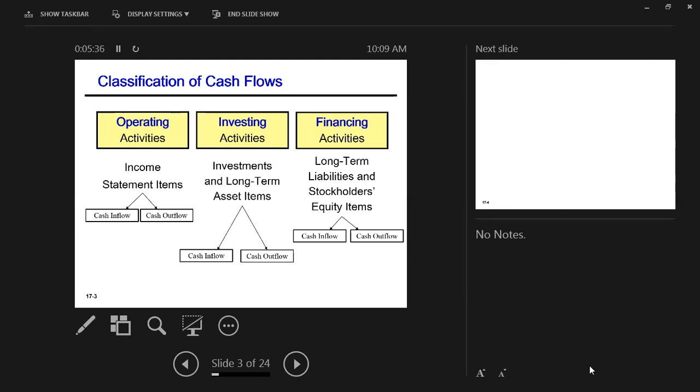So we should know very well who are the operating activities, the financing activities, and the investing activities, with some examples. Otherwise, if you transfer one activity to another, you will have a mistake and you will lose your grade.